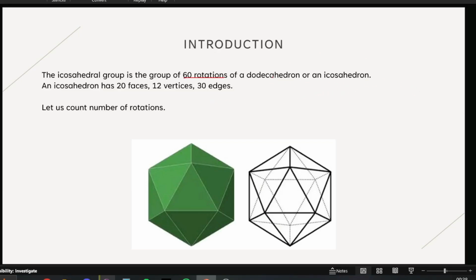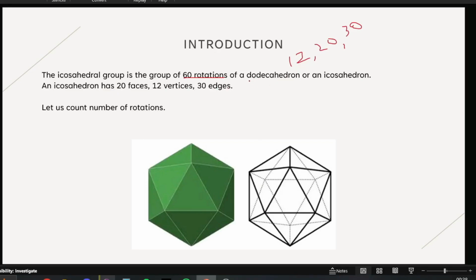A dodecahedron will have 12 faces, 20 vertices, and 30 edges. An icosahedron will have 20 faces, 12 vertices, and 30 edges.